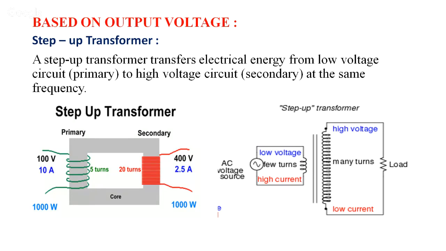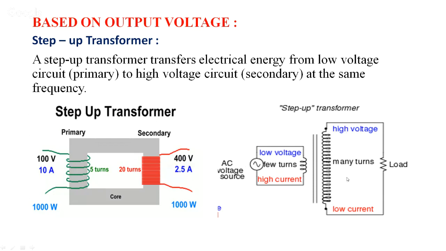So 100 volts on the primary side has been increased to 400 volts on the secondary side. That is why it is called a step-up transformer. So here you can see, on the primary: low voltage, few turns and high current. Compare these two data here.